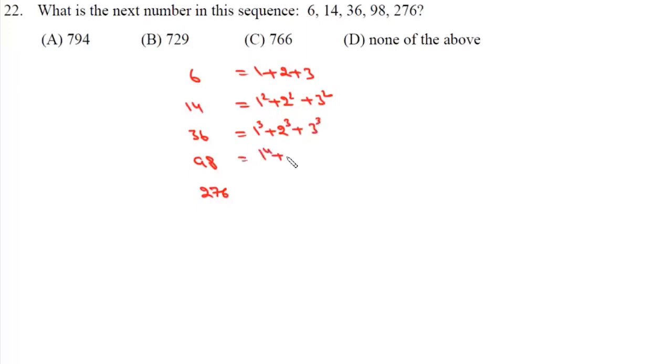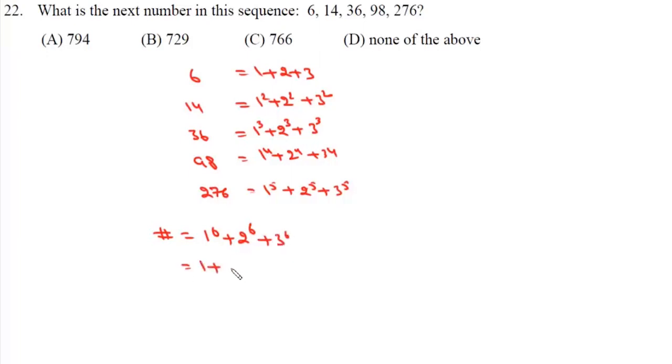This is 1 to the power 4, 2 to the power 4 and 3 to the power 4. And here it will be 1 to the power 5, 2 to the power 5 plus 3 to the power 5. So next number in the sequence will be 1 to the power 6 plus 2 to the power 6 plus 3 to the power 6.